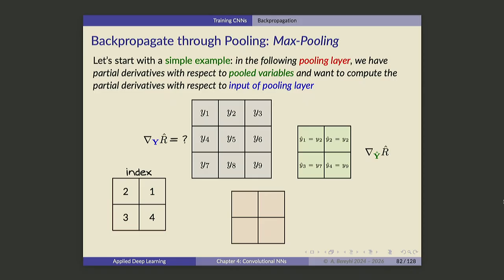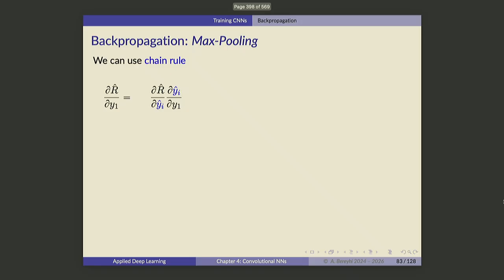And you can simply use chain rule. What you can say is, r hat with respect to any of those y hats, the output of the pooling, I have the gradient. The derivative of r hat with respect to any output of the pooling, I have it. I multiply that with the derivative of that output of the pooling with respect to y1.